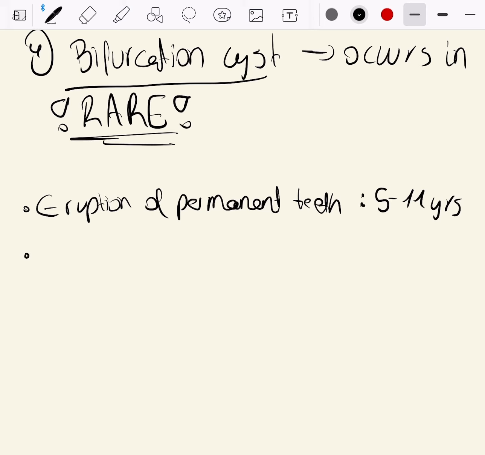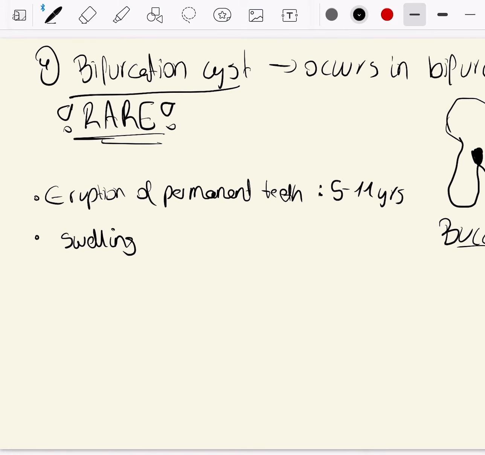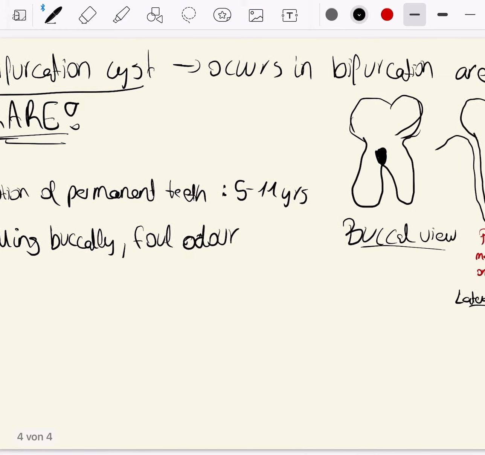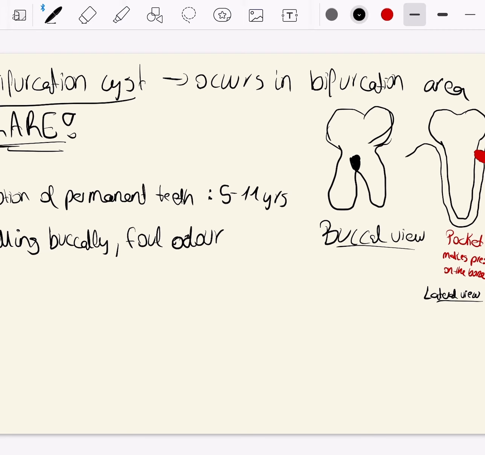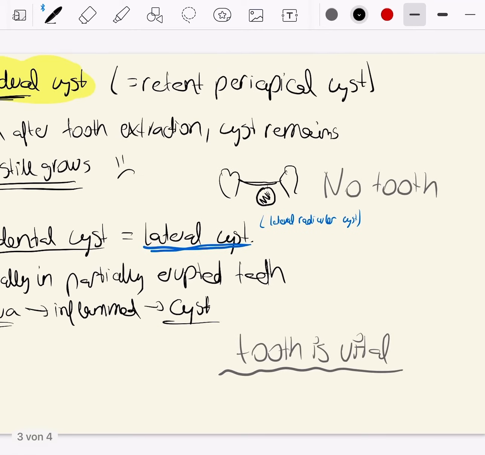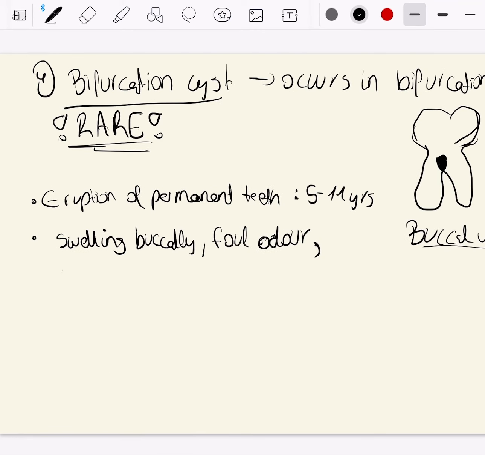And these patients complain about swelling in the buccal area, buccally. Foul odor. Why? Because food rest can go inside and even build the pocket. And we have a kind of tenderness, okay, which can cause pain. It's tender.